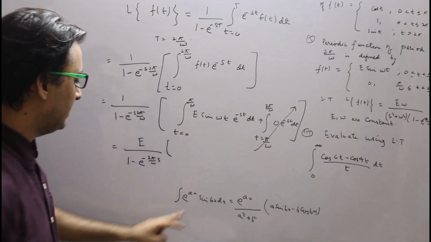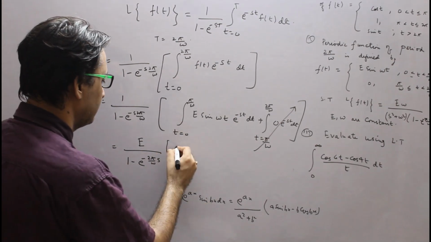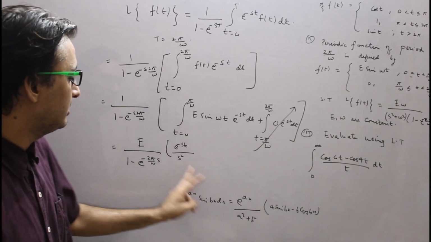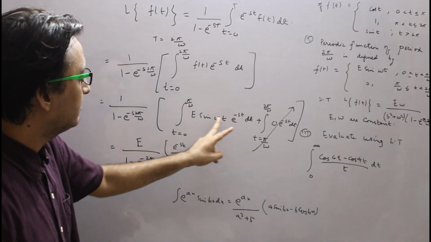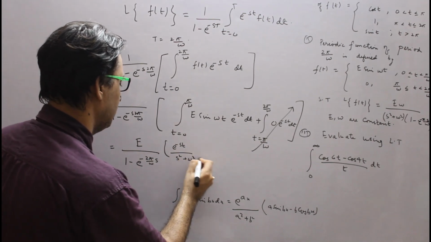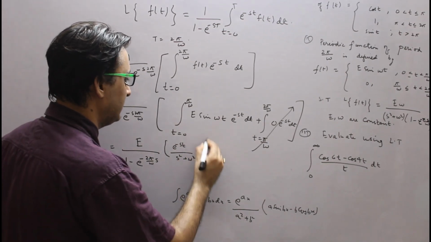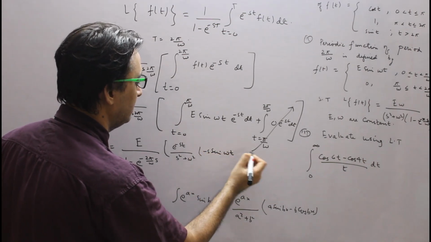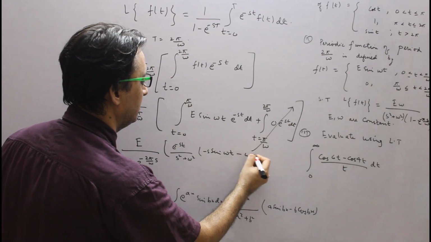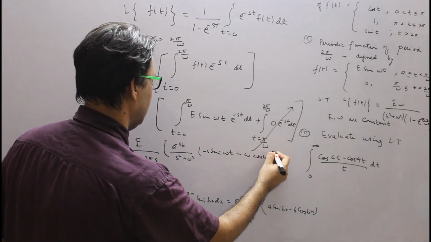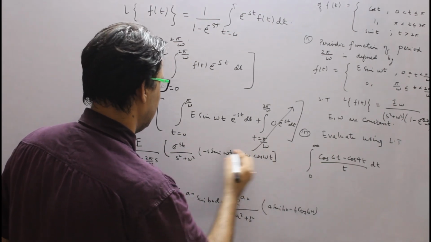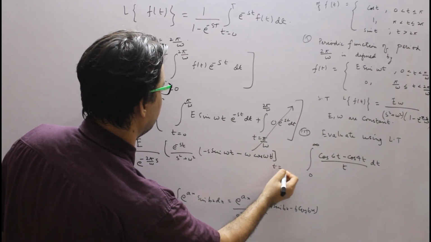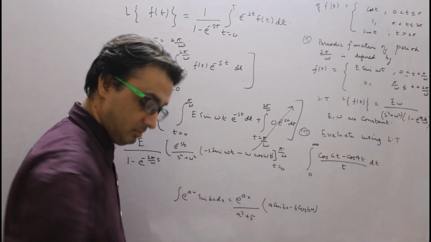So here a is minus s, so minus s squared is s square. b is our omega. So we can write it like a is minus s, so minus s sin omega t minus b, b is omega cos omega t, and we can put the limits. Limit is running from t is equal to 0 to pi by omega.